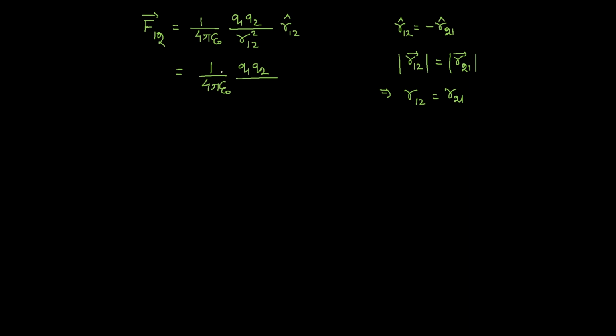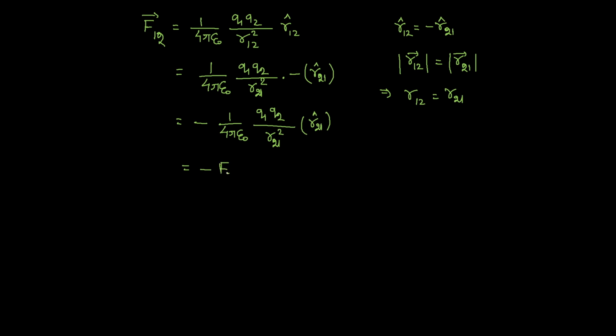That means this becomes 1 by 4 pi epsilon naught Q1 Q2 by R21 square into minus of R21 cap. That's why the force becomes minus of 1 by 4 pi epsilon naught Q1 Q2 by R21 square R21 cap. Now this is F21.